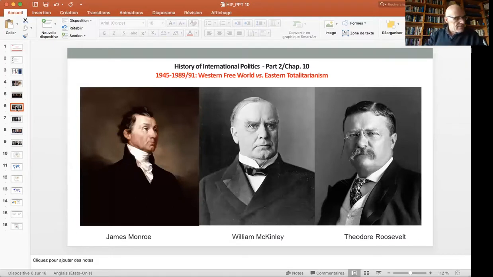So the Americans, at the beginning and throughout the 19th century, were torn between two visions of foreign policy and two practices of foreign policy. How did this somehow contradictory attitude evolve?